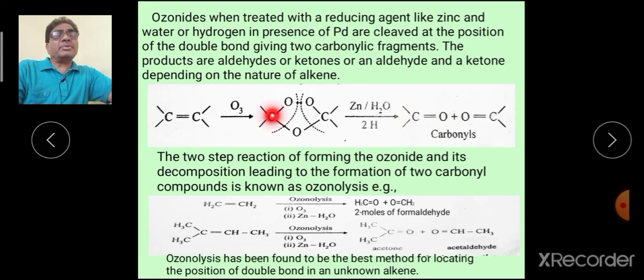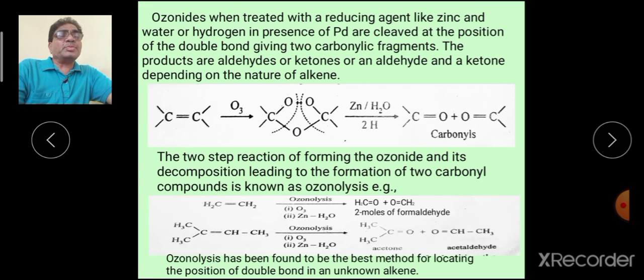This carbon atom gets oxidized and another carbon atom gets oxidized. Therefore, these two carbonyl compounds are obtained, giving two carbonyl fragments. The products are aldehydes or ketones, or aldehyde and ketone, depending upon the nature of the alkene taken for the reaction.